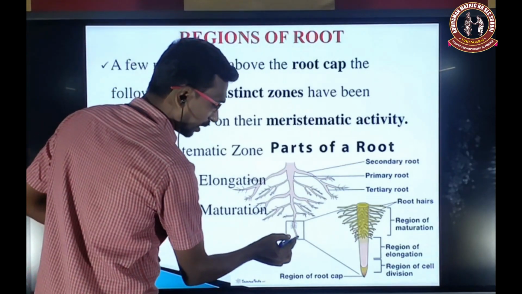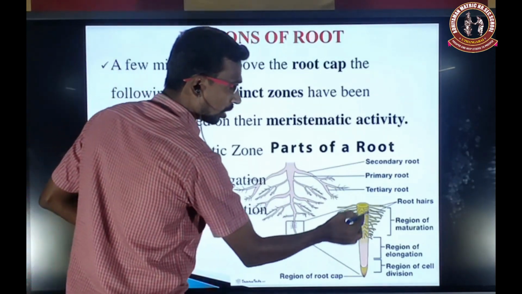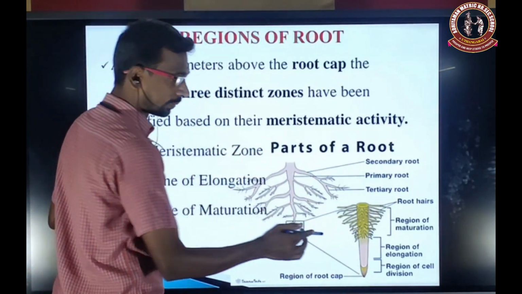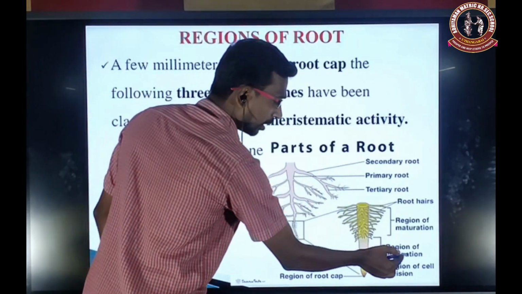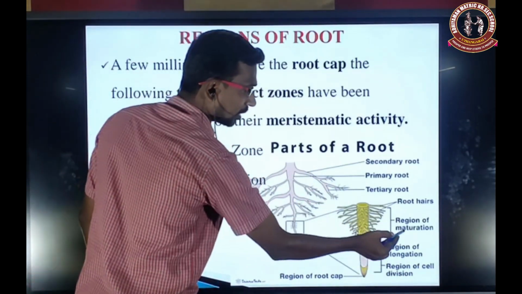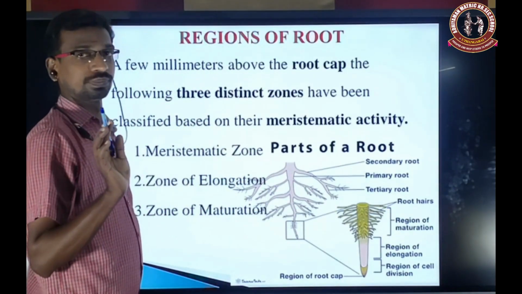The region of cell division is the meristematic region, the region of elongation is the zone of elongation, and the region of maturation is the zone of maturation.